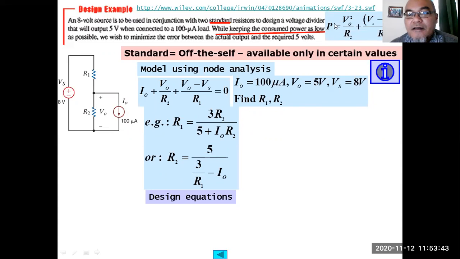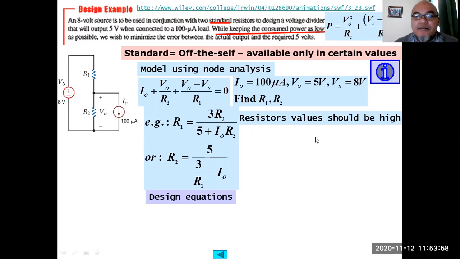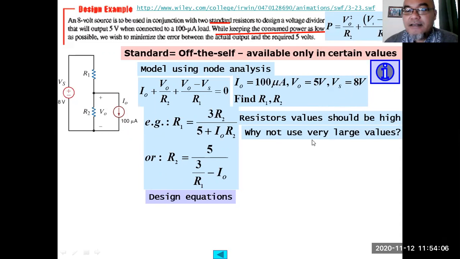The power in R2 is V output squared divided by R2, and the power in R1 is the voltage across R1, Vs minus V output, squared divided by R1. To make the power as small as possible, we have to make the resistor values high.